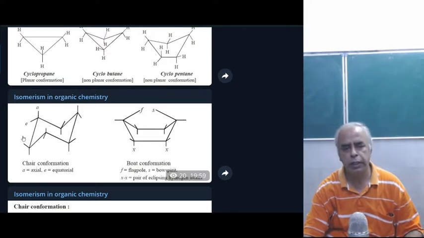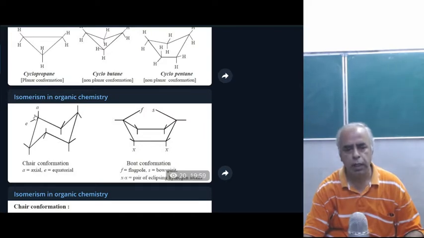So A and E. This is A, and when you go to the other edge, you have to draw downward. So A is upward, downward, upward, downward, upward, downward. Likewise you have to draw.